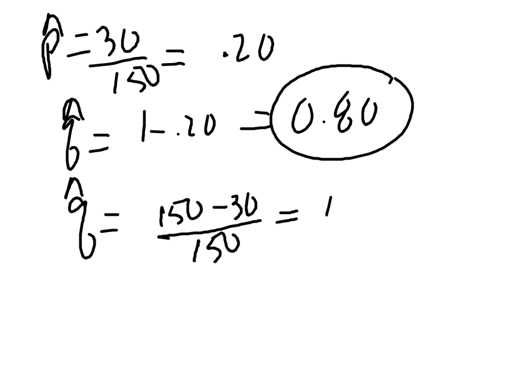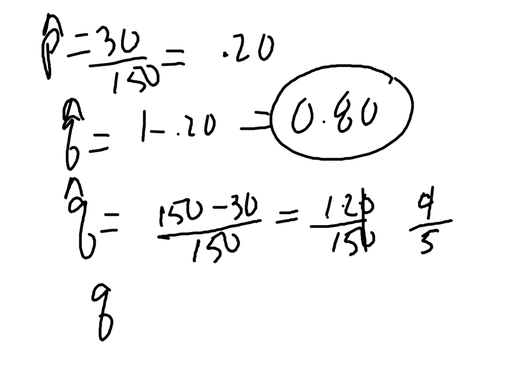That is 120 over 150, which is the one that we don't really need to use. So 3 would go into 12 4 times, and 3 would go into 15 5 times, and that would give us q hat equals 0.80.